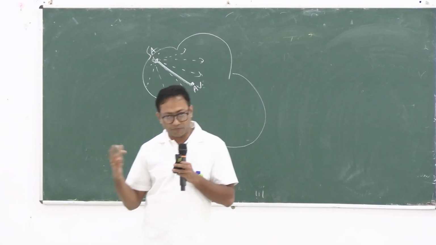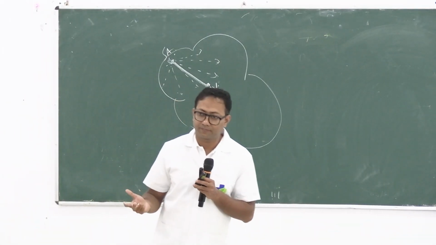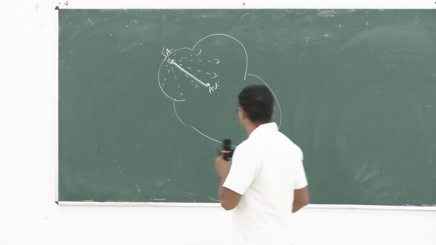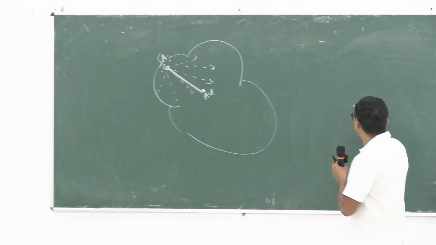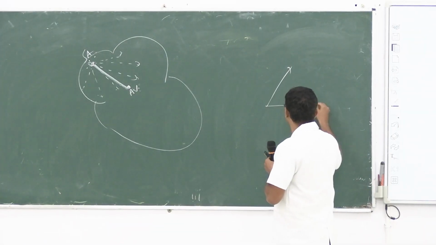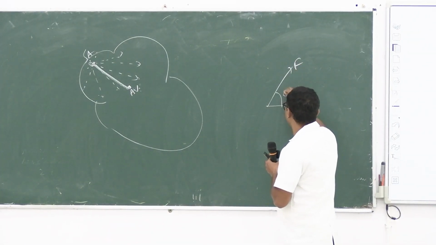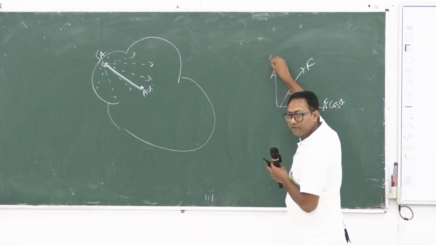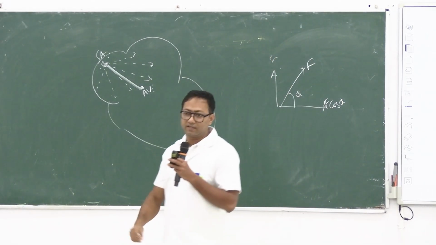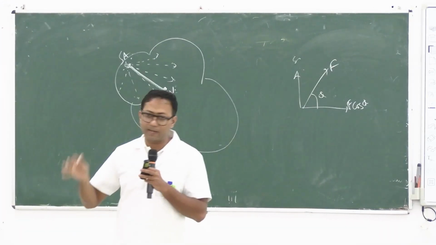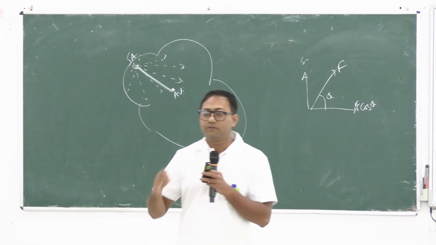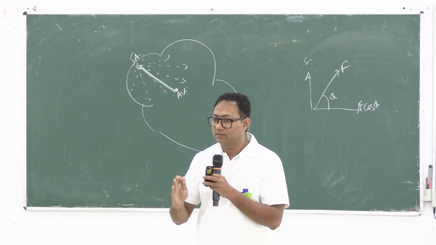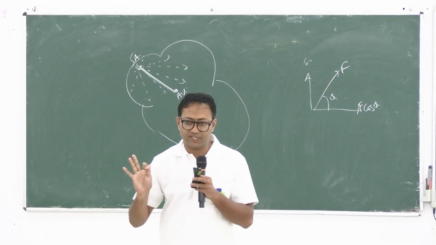Now, if you add all these vectors according to the law of physics, you know that any force vector has a cos theta F component and a sin theta F component. A similar formula you can apply here also. The depolarization vectors have a magnitude and a direction.